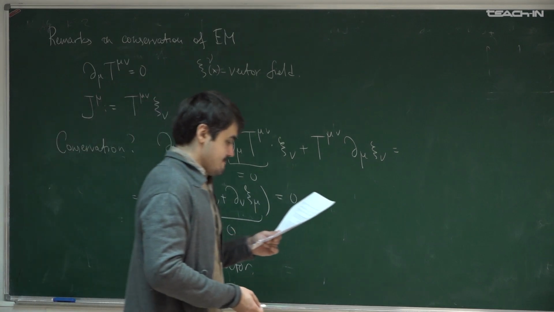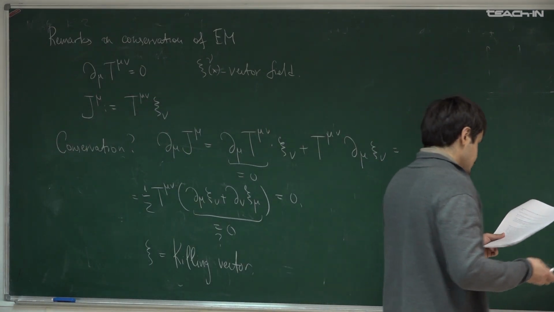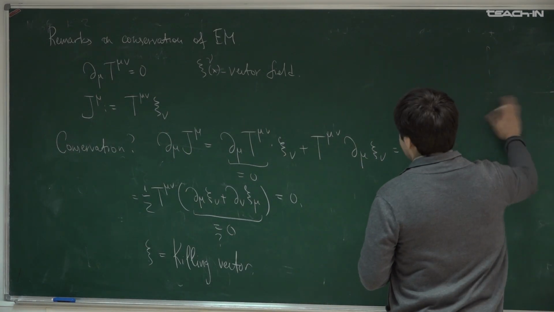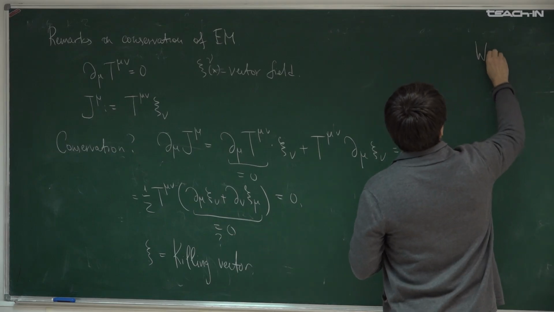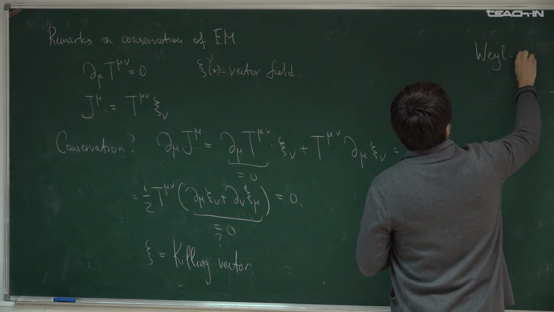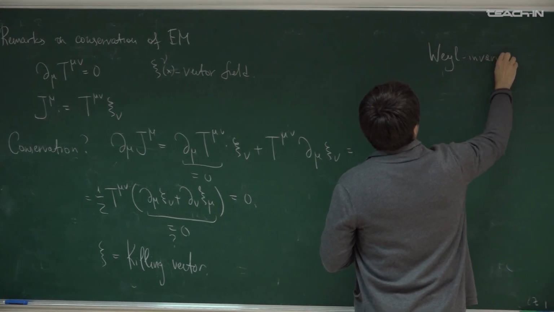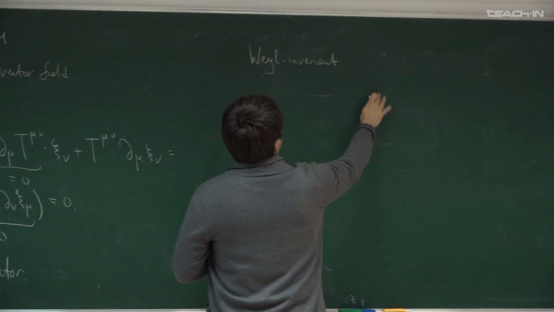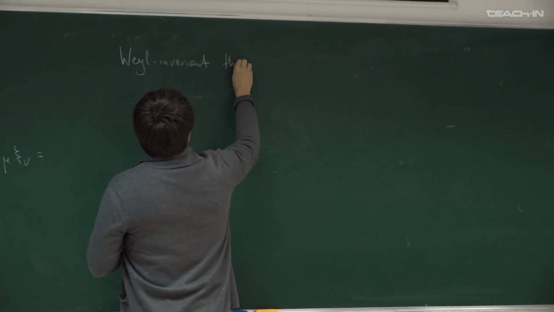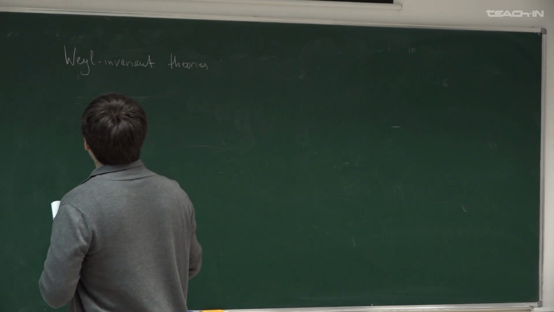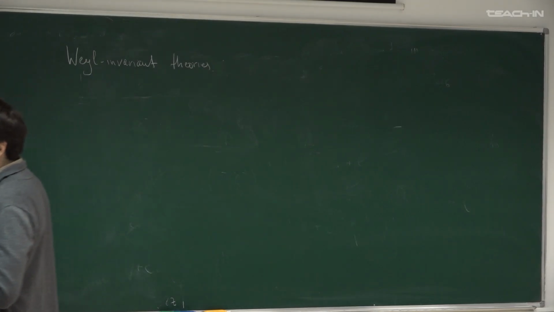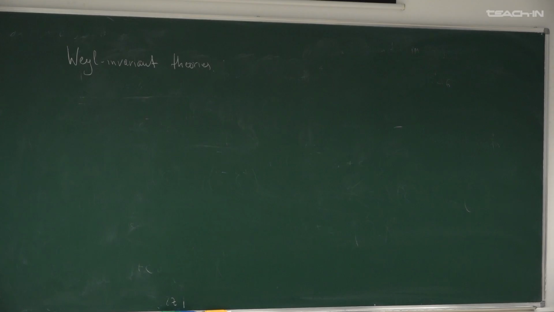But then we have the special case, like the one we're studying here: the Weyl-invariant theories. Weyl invariance has to do with some metric on your worldsheet, or on your space-time.